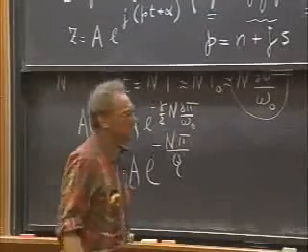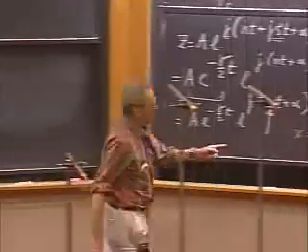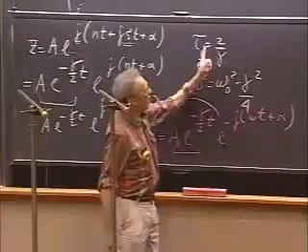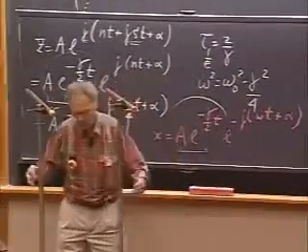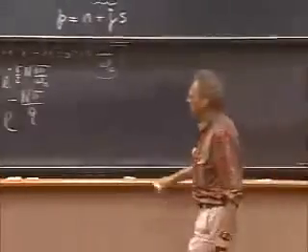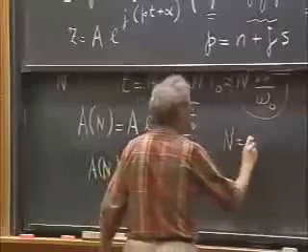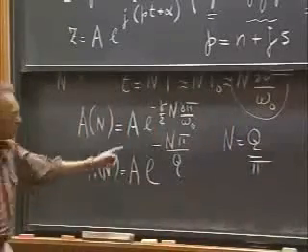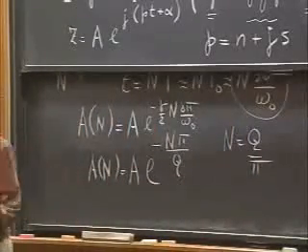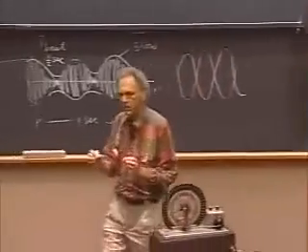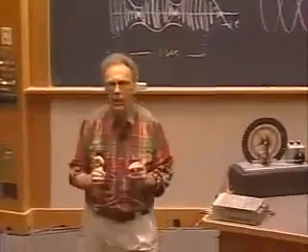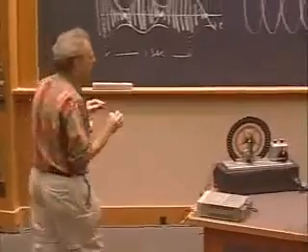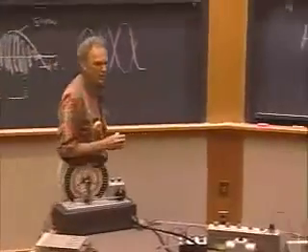No. Here we say, I have to wait 2 over gamma seconds for the amplitude to go down by a factor of e. Here we say, if n is Q divided by pi, then the amplitude goes down by 1 over e. So in one case, I ask myself, how many seconds do I have to wait? In the other case, I ask myself, how many oscillations do I have to wait?